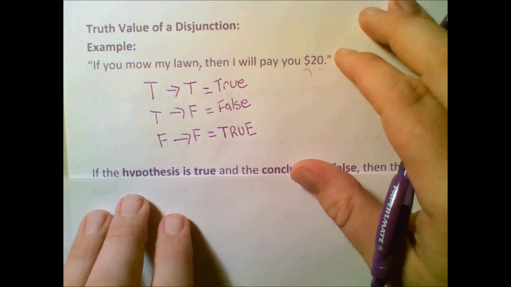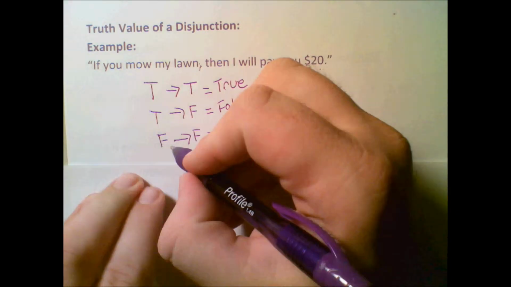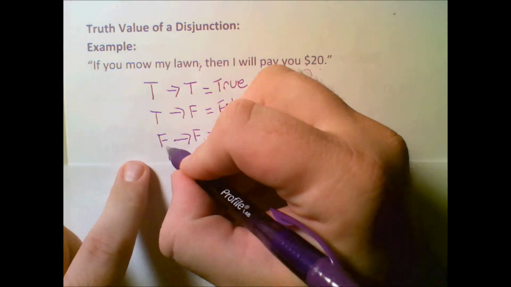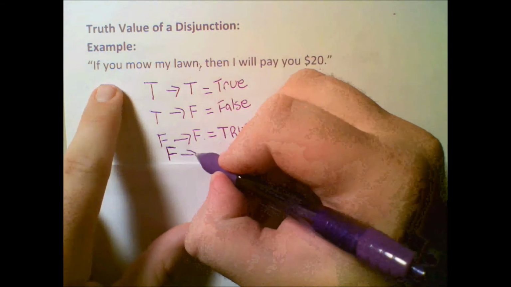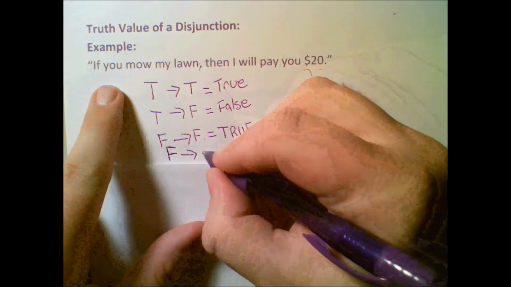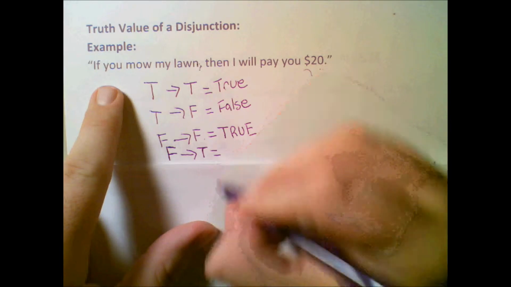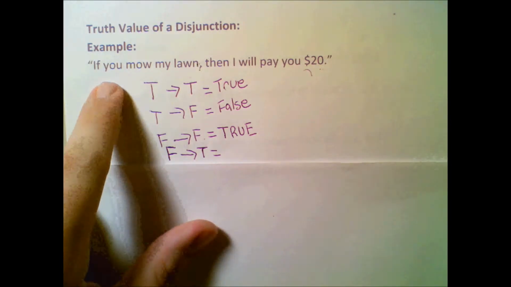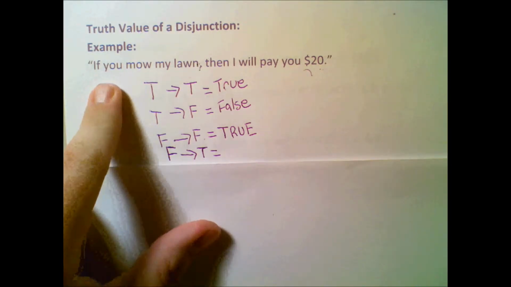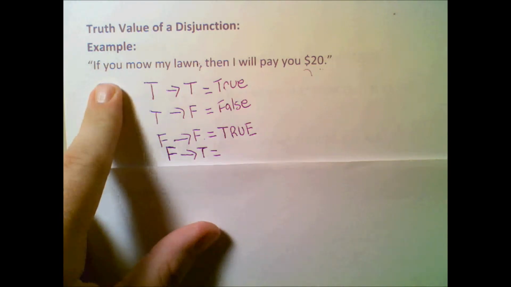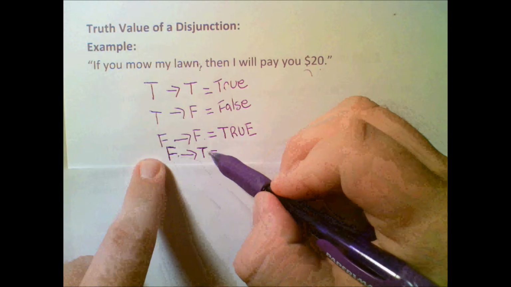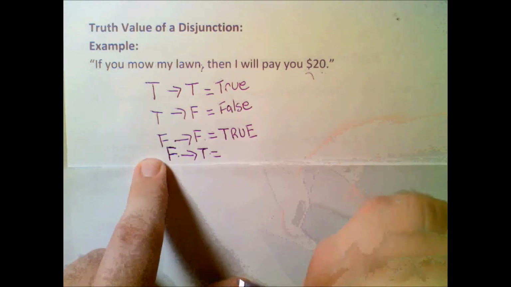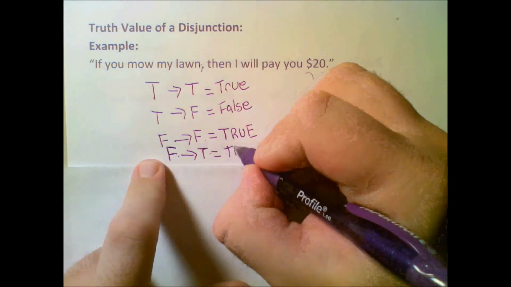Now the next part, which is confusing, is let's say the first part is false. You didn't mow my lawn, and yet I paid you $20. Are we cool? In your head you should think about yourself only. If you didn't do any work and I gave you $20 anyway, you're cool with that. So therefore, this statement is true.